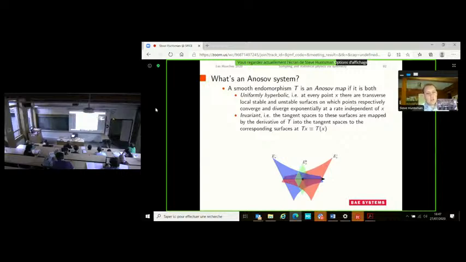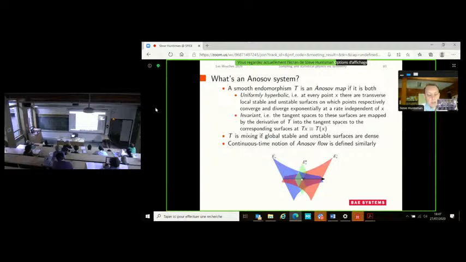So I said a lot about Anosov systems, and now I'll say what they actually are. An Anosov map is some smooth map, and it's got this hyperbolicity and invariant properties, and you can read as well as I can, but I want to talk about the picture. The map, or the flow that's an analog of it, takes you forward in time, and there will be some directions of the flow that are unstable and expand.